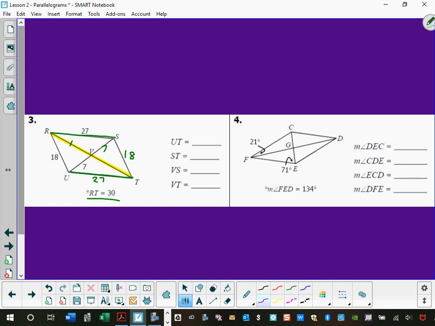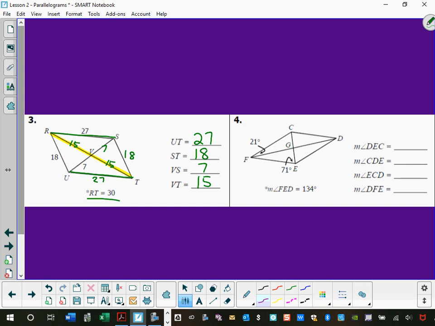How'd you get 15? We just divided in half, right? 30 divided by 2. So UT, we got 27. ST, we got 18. US, we got 7. And UT is 15.